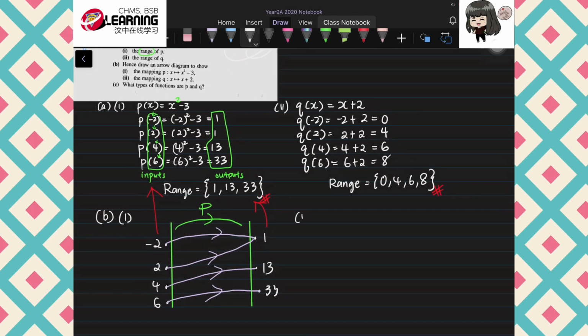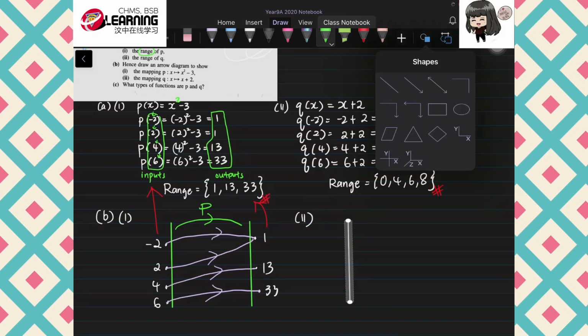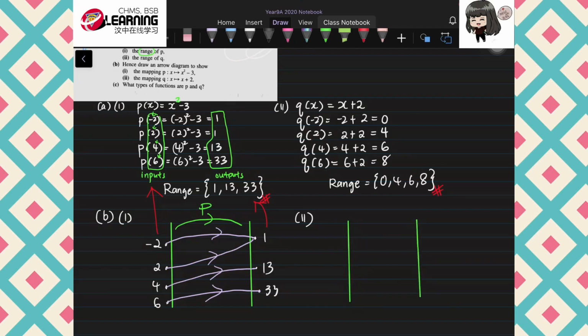Okay, and part 2, we will draw an arrow diagram for function Q. We have the same input, -2, 2, 4, and 6, with the function Q now, which is x plus 2.